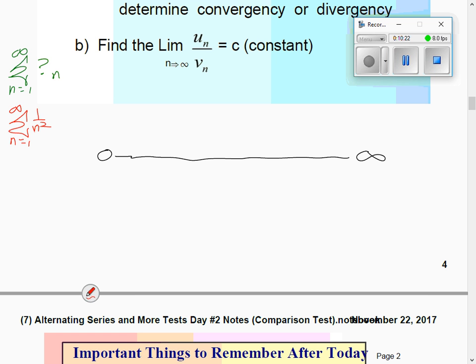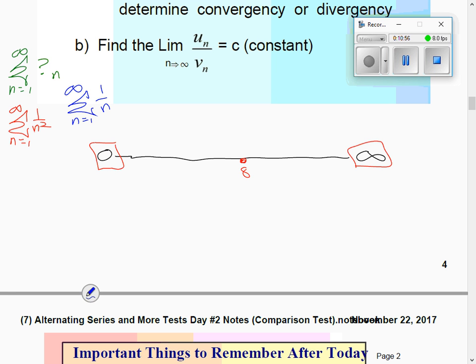I take the limit of the unknown over the known, and let's say I get the number 8. What does that tell me about the unknown function? That it is convergent. What if I get infinity? That means it's divergent. What if I get 0? It converges.